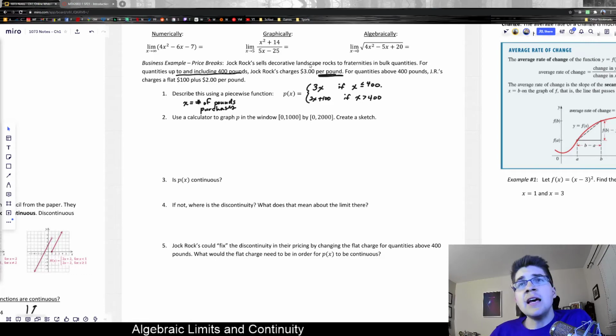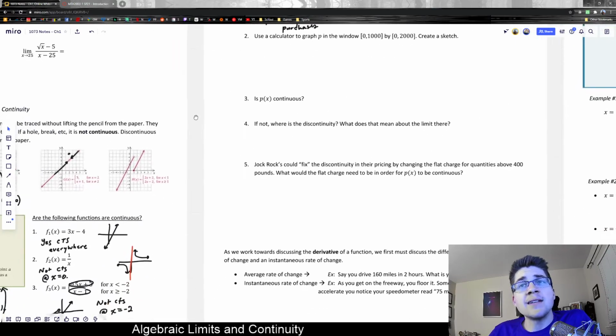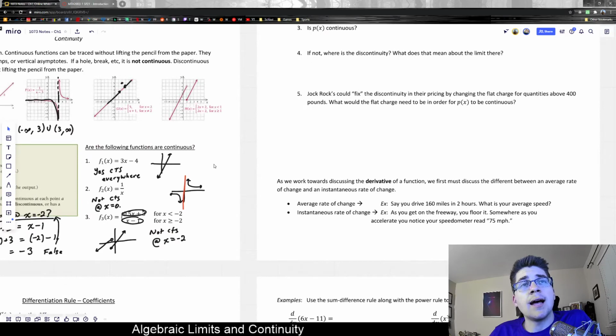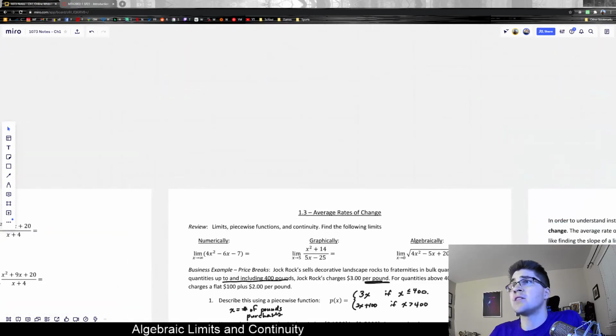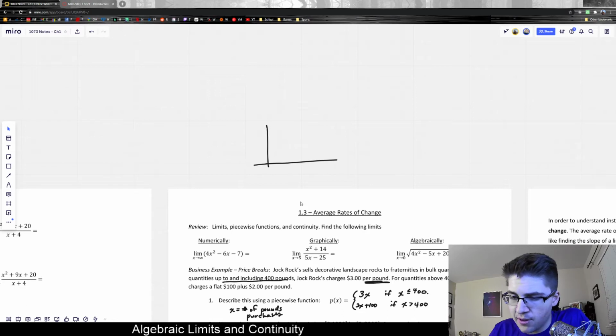Another question: if we're trying to set up a pricing system for our decorative rocks, do we want a discontinuity? Discontinuities are a little bit strange. Let me draw a graph that has a discontinuity so we can discuss this idea. Let's say the price of our item looks something like this. A discontinuity is unusual because at a certain point the price gets way more expensive and has a break, or let's say it got less.